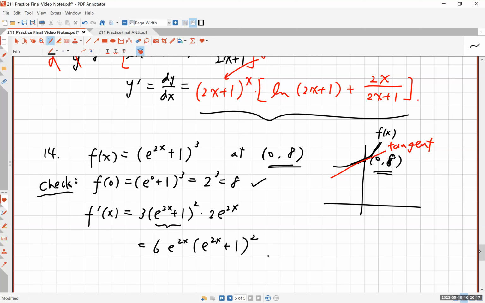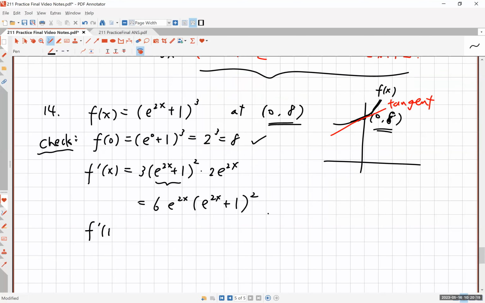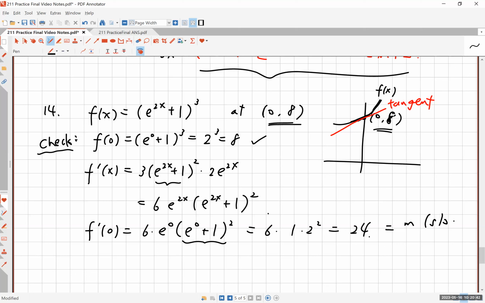All right. Evaluate this at x equal to 0, because that would be the slope of this tangent line. 6 times e^0, times (e^0 + 1) squared. That's 6 times 1 times 2 squared, and that's 24. So, by the way, this is your slope of the tangent line.